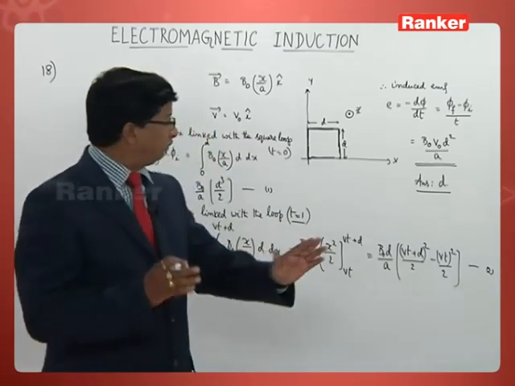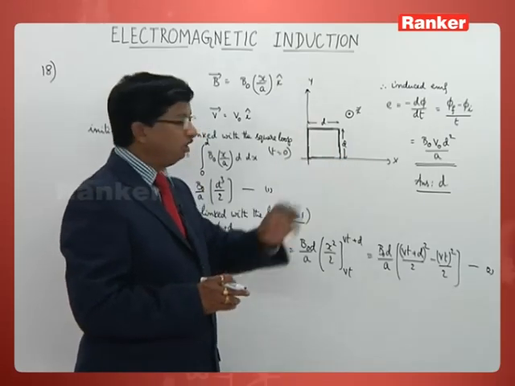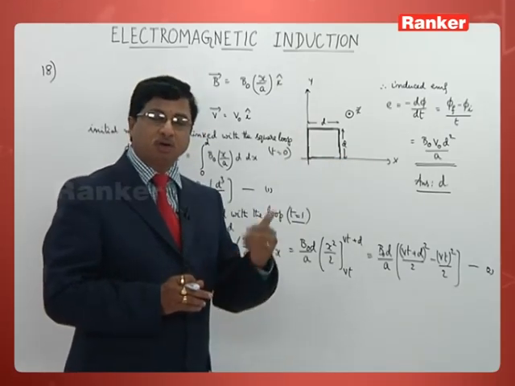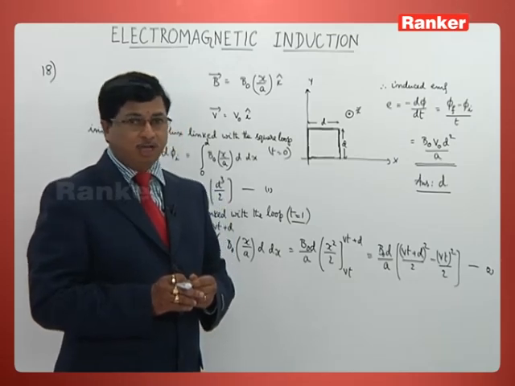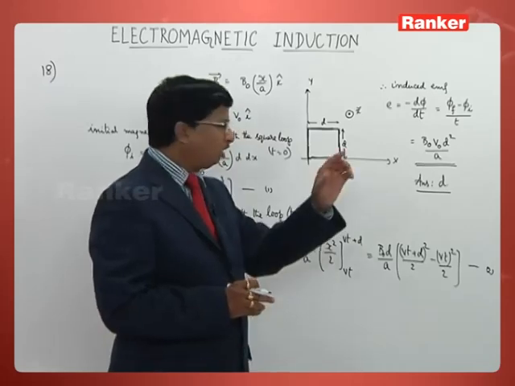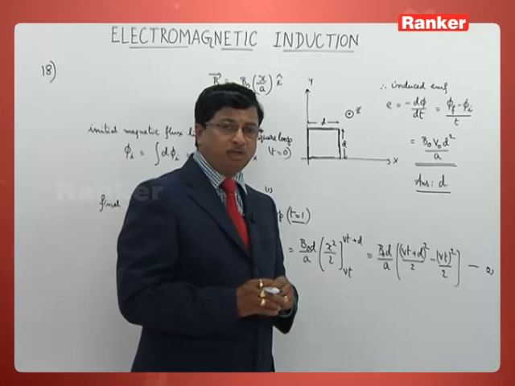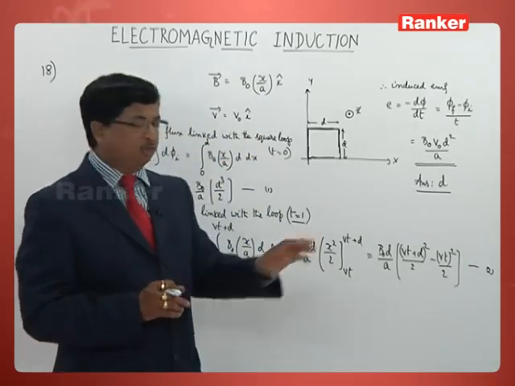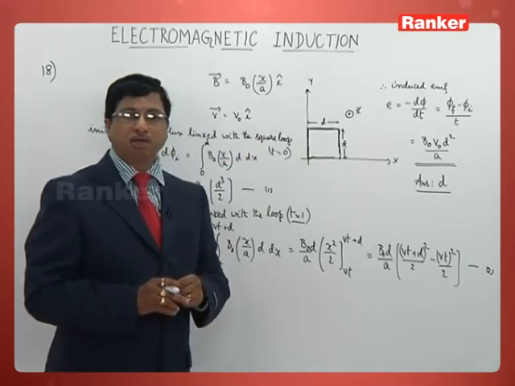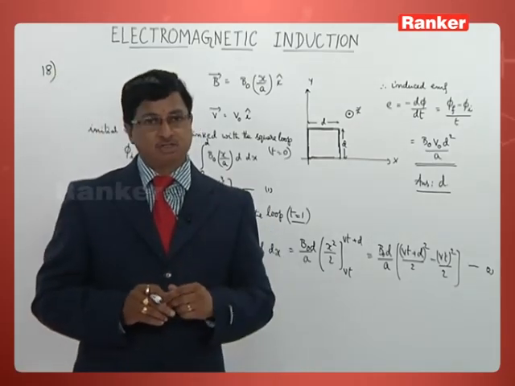Take the difference, you get d phi by t, that is the induced EMF, that is what actually he is asking for. The moment you take this phi 2 minus phi 1, automatically that negative sign gets cancelled. You will be getting positive value only, don't worry about that. So this is actually the problem number 18 what we have in this order as such.